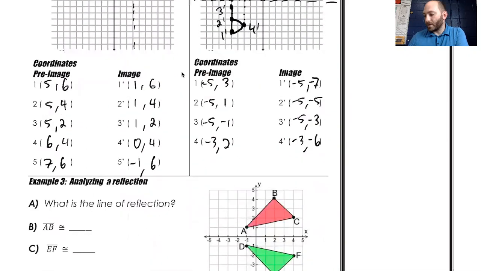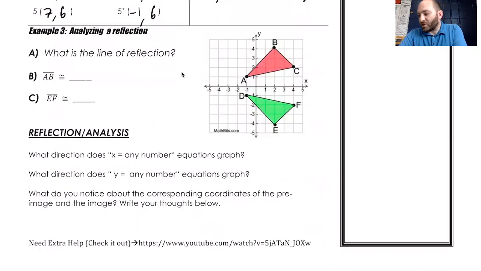All right. Example 3, analyzing reflection. So when we look at this, if we were trying to identify a reflection, we want to look for where's that line of reflection. So where are all the points kind of the same space away? This one's a little bit easier because it's right here. It's my x-axis.